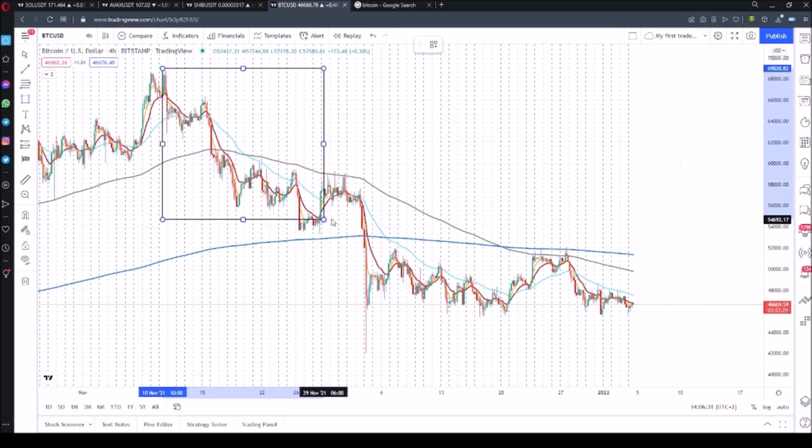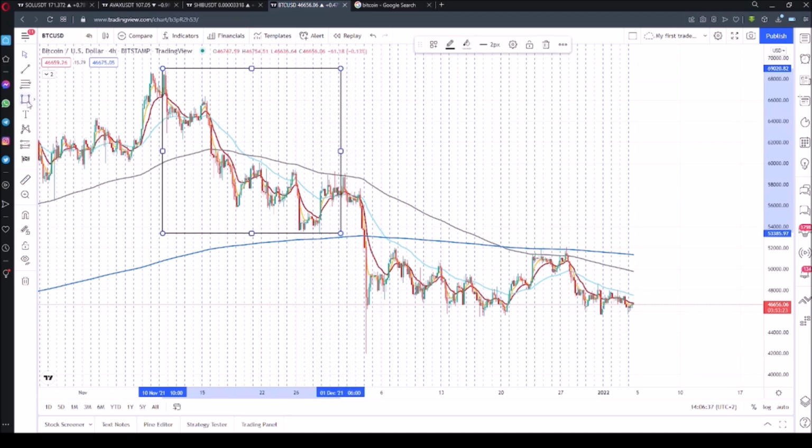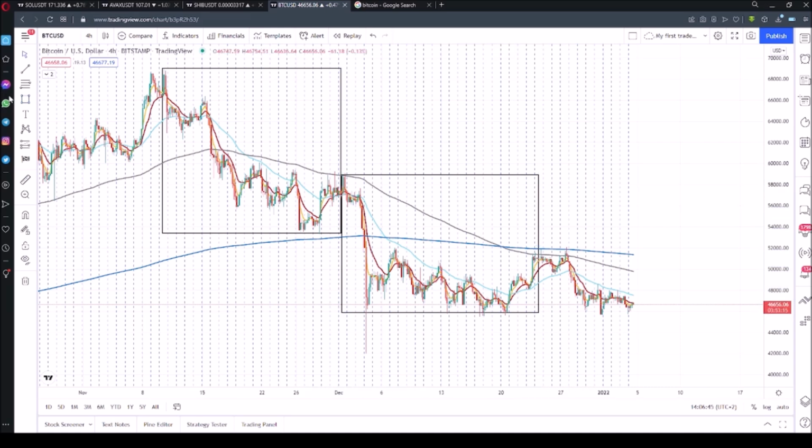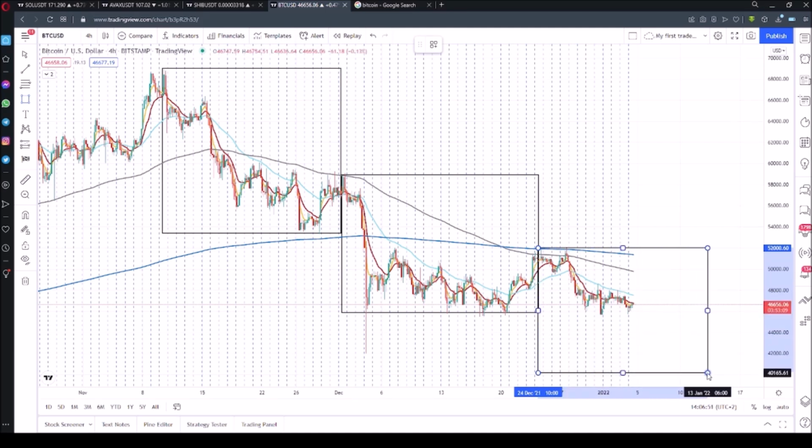So marking these drops, they are going to be looking like the first drop to this point, then the second drop to that point, then we are now anticipating to see the last drop of the market for us to see this particular asset reversing like that.